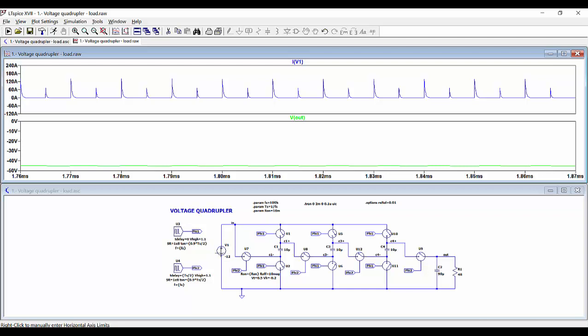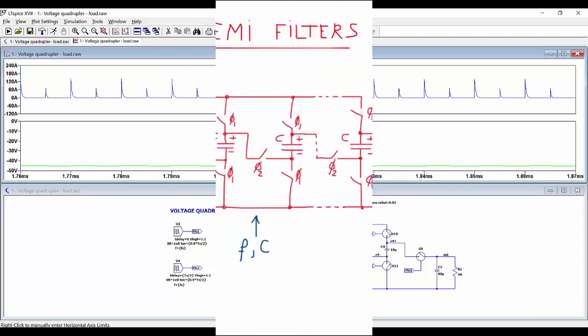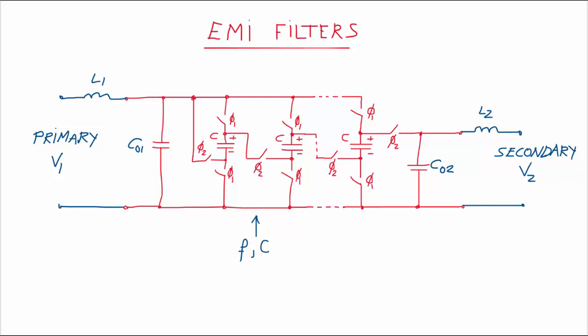But we also want our circuit to be totally bidirectional, so we need to implement filters at the input and also at the output. This is in both terminals, in both ports of the converter. So our final converter is going to look like this. We add an input inductor here, L1, to do the filtering, and another inductor here, L2, at the secondary, also to do the filtering, so we can use each of the ports at any time.